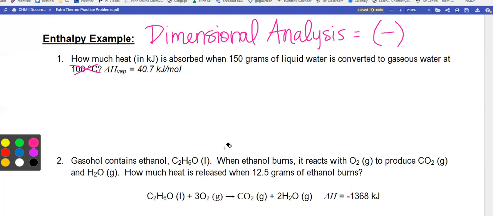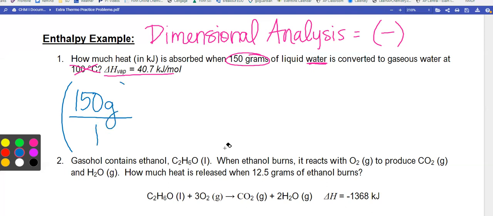Okay, what's important is the 150 grams, the fact that it's water, because that's going to be important, and then this delta H of vaporization, the molar heat of vaporization. Okay, so starting off these problems, first thing we do in our first parenthesis, put the number given from the problem over 1, the 150 grams.